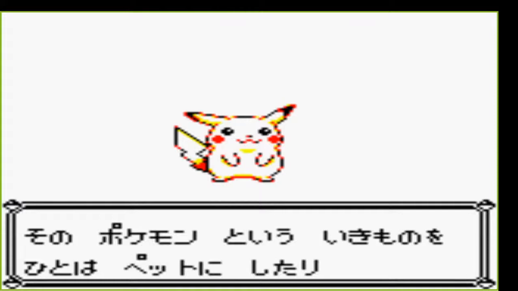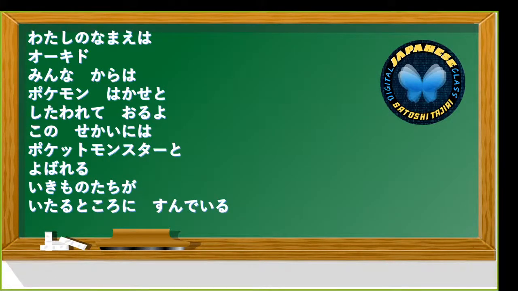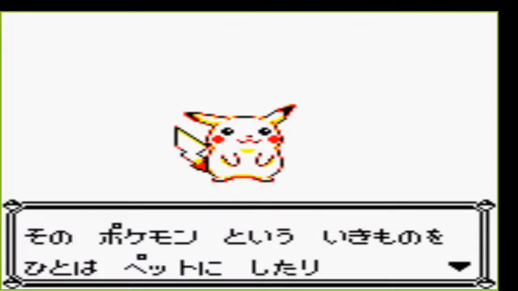Hey, how about this one? How to read the next line? How to read this one?